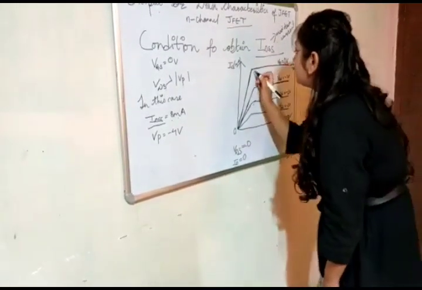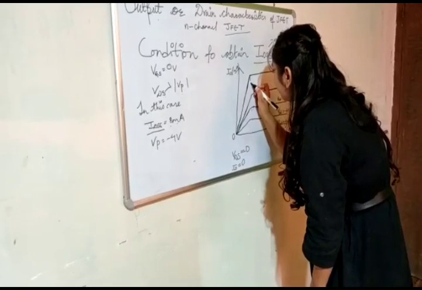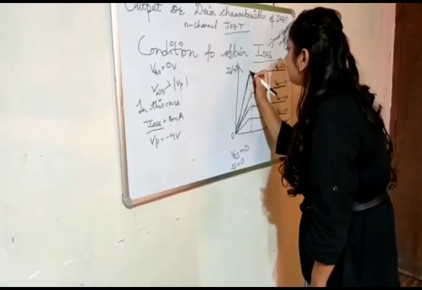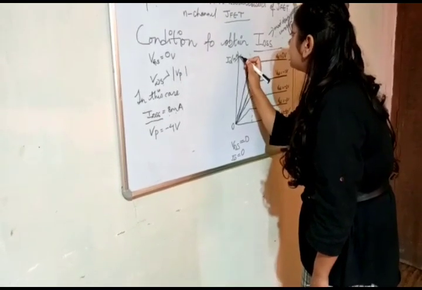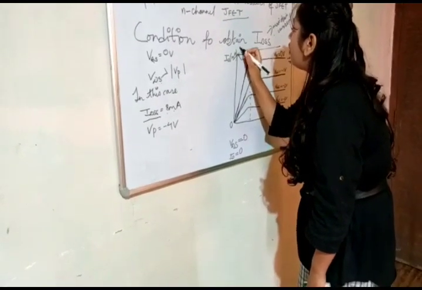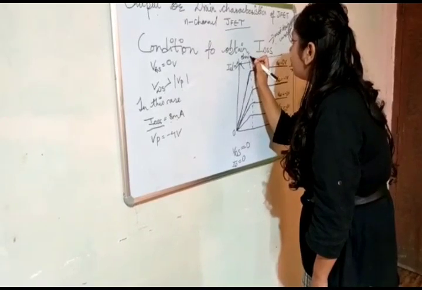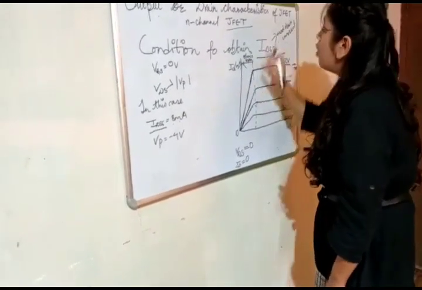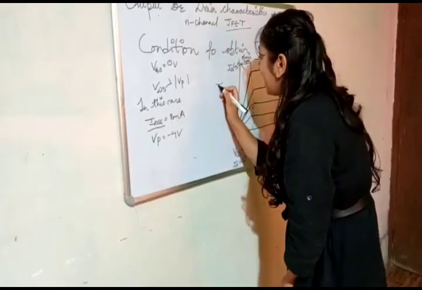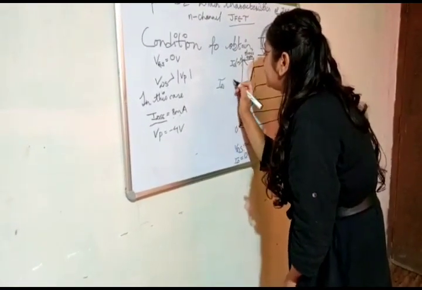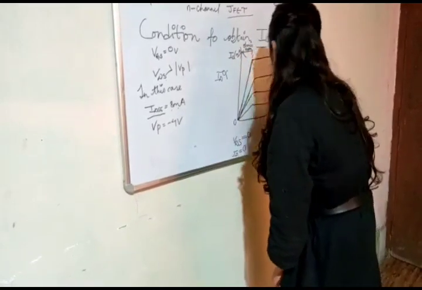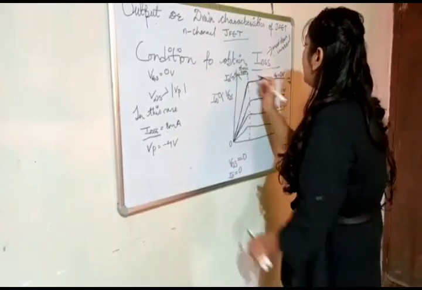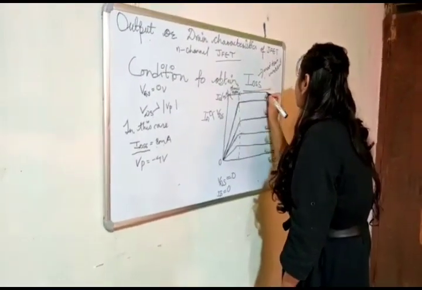Here there are different regions, and this is our ohmic region. Here it follows Ohm's law, that is, ID is directly proportional to VDS.